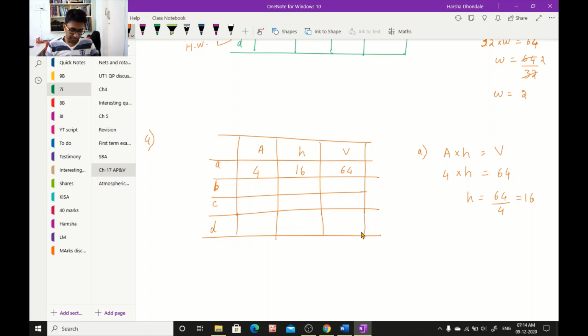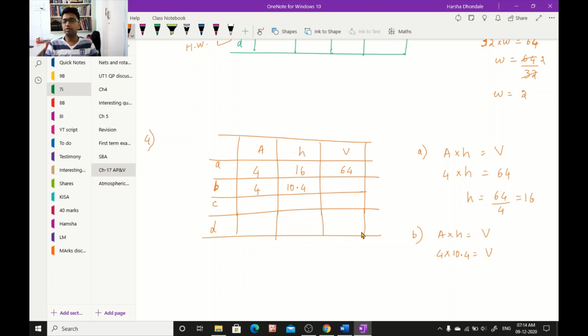And next B, area is 4, height is 10.4, volume he's left that blank, you need to calculate the volume. So for B we know that area into height equals volume. 4 into 10.4 should give you the volume.